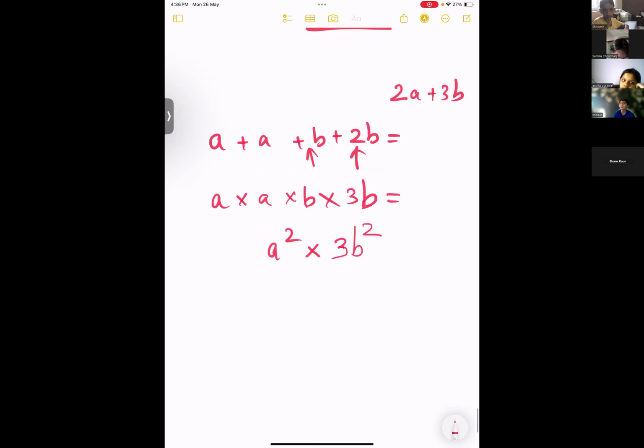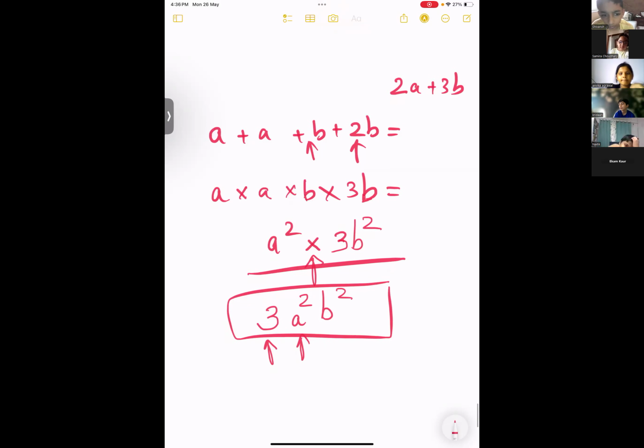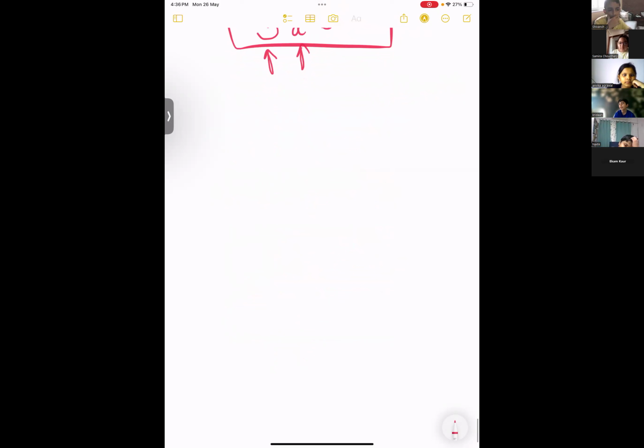Okay. And I have written it wrong. We have to remove the multiplication. So we will be writing it 3, going alphabetical wise, a square, b square. So first the number will come and then the alphabets as per the alphabetical order. This is the final answer and this is how we have to write. Got it? Chalo. Let's take another.